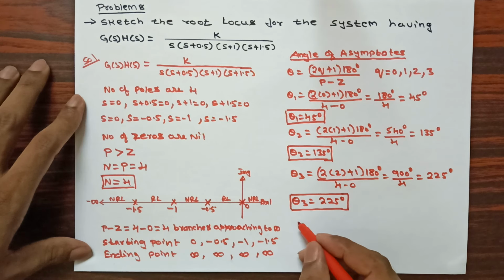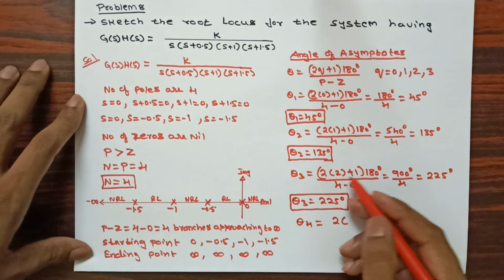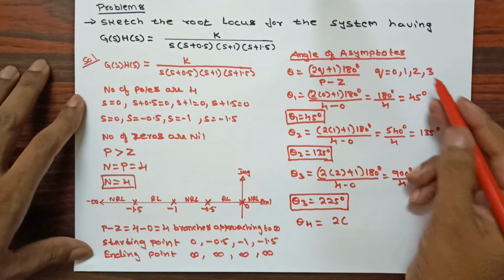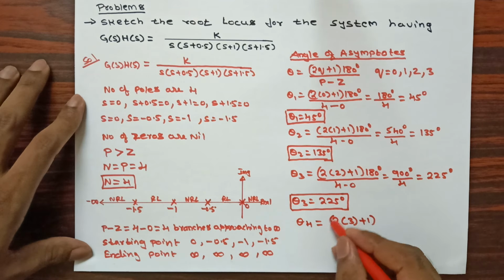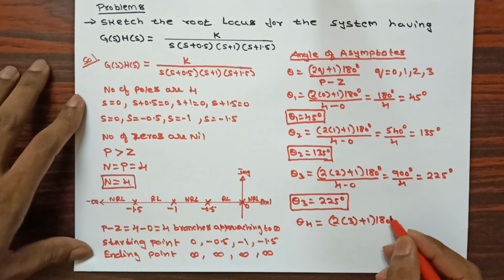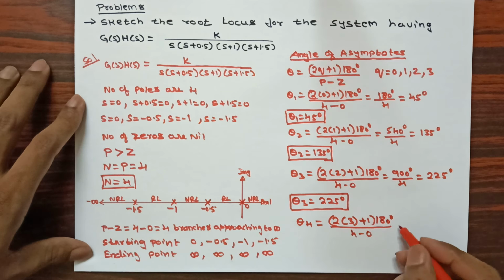Next, the fourth angle theta 4 is equivalent to 2 into, now the q value I am going to substitute 3, (2 into 3 plus 1) into 180 degrees divided by the number of poles, here 4, minus the number of zeros, 0.